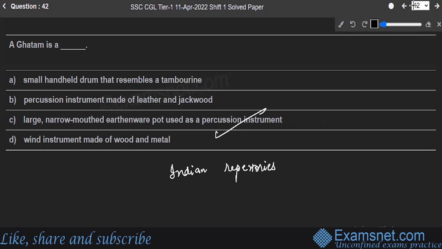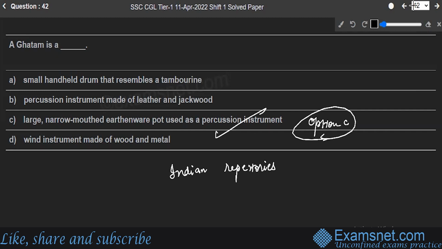It is an Indian instrument that dates back thousands of years. It's a narrow-mouthed clay pot. A small amount of plasticine clay or water can be used to change the pitch significantly in this instrument. On the other side of this, I would like to discuss some more points. First of all, option C is your answer for this question.